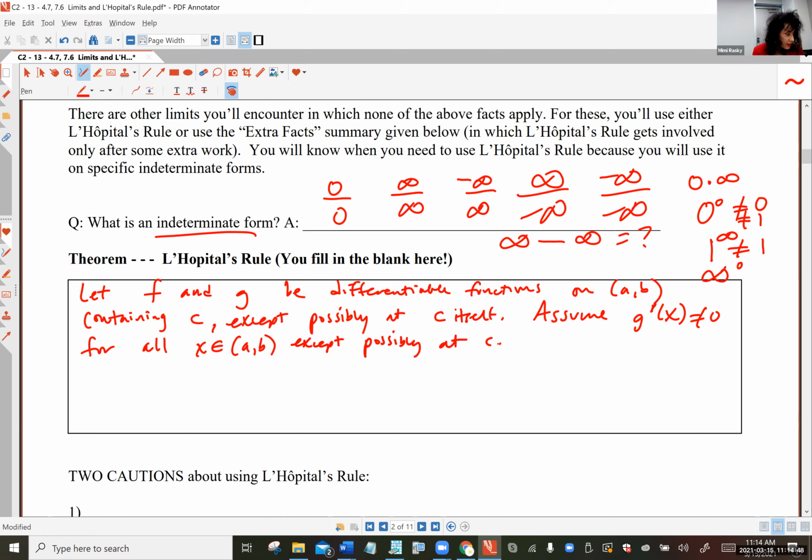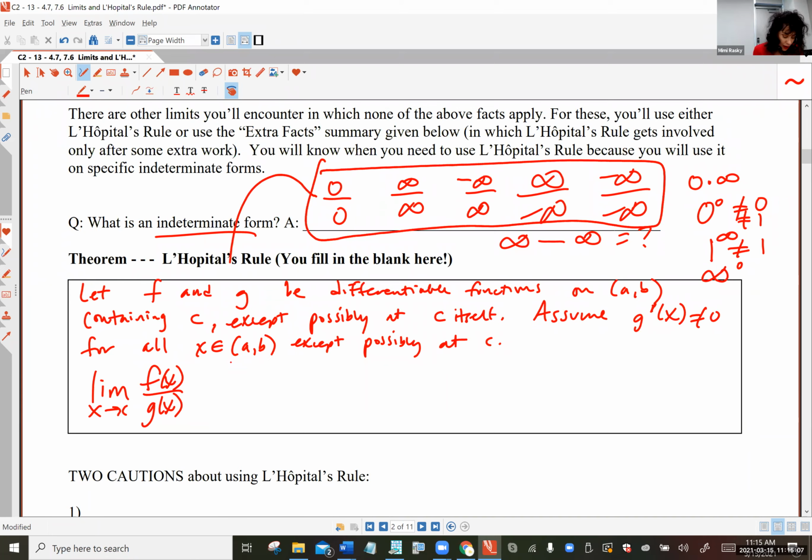Okay, now what? Here's what the cool L'Hopital's rule allows you to do. Suppose you took the limit of this quotient, f of x divided by g of x, as x approaches c, and you got one of these 5 indeterminate forms. So you get 0 over 0 or plus or minus infinity divided by plus or minus infinity.